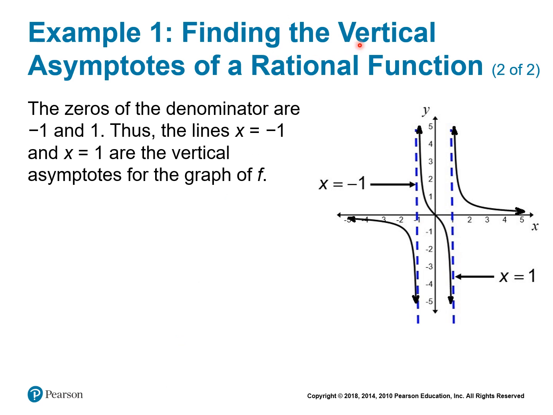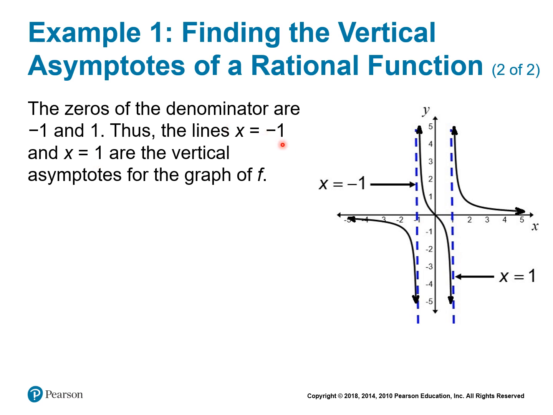Now let's plot the vertical asymptotes we found previously on the graph here. All right. We saw that the vertical asymptotes would be located at x equals negative 1 and x equals positive 1. How did we do that? We took the denominator of the rational function, made it equal to 0, and solved for x.